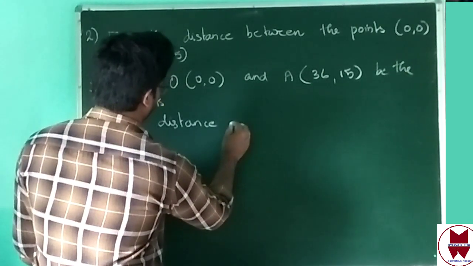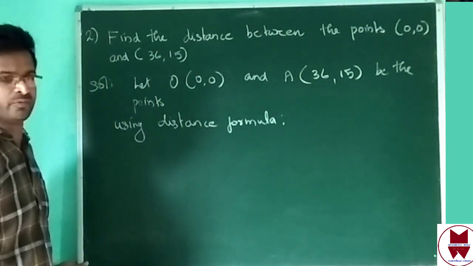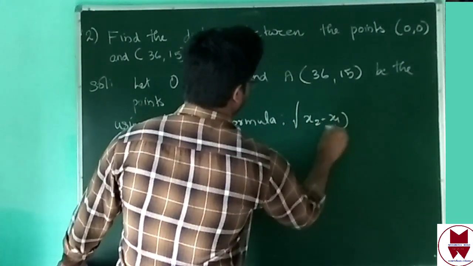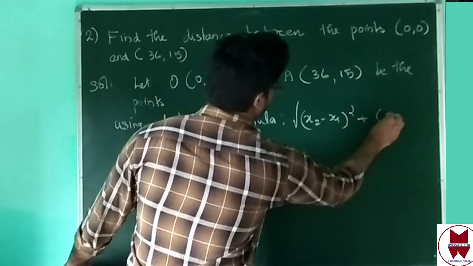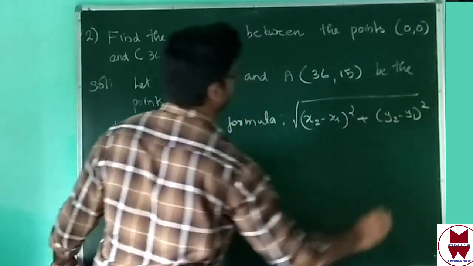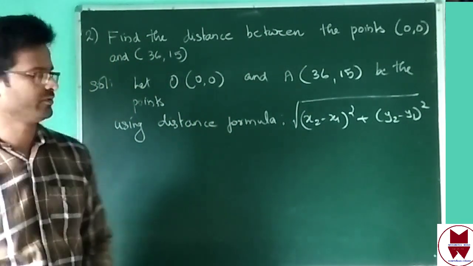Using distance formula. A distance formula, you know, square root of x2 minus x1 whole square plus y2 minus y1 whole square. This is distance formula. Using this formula, we can find out distance between these 2 points.